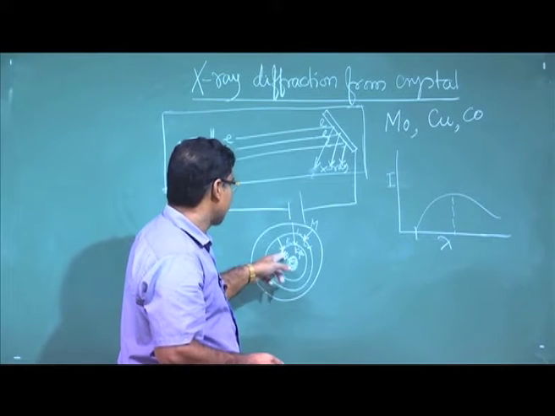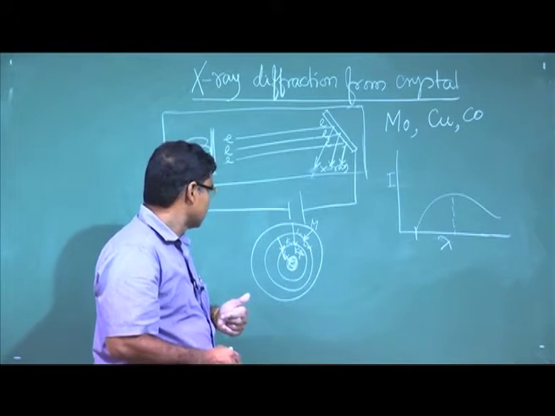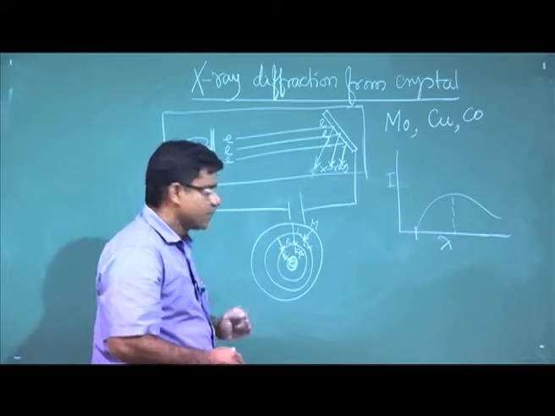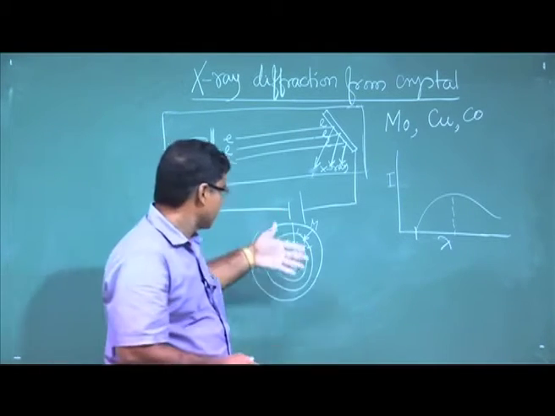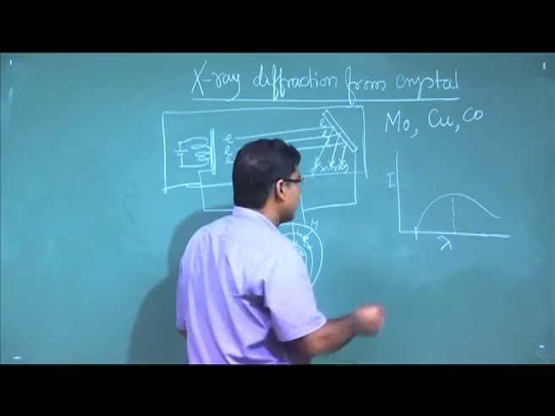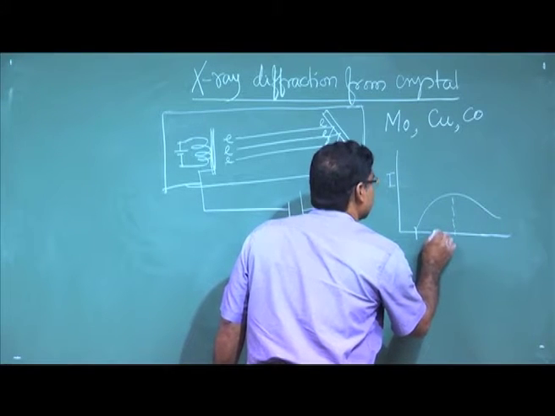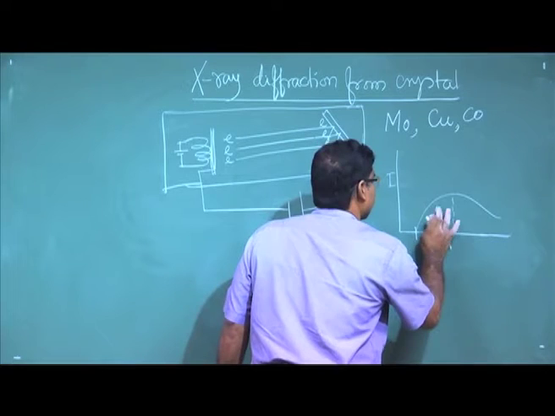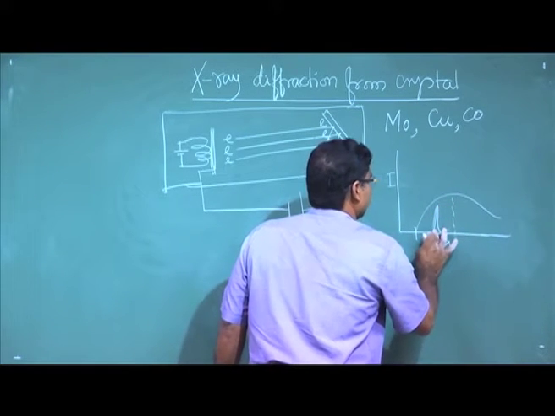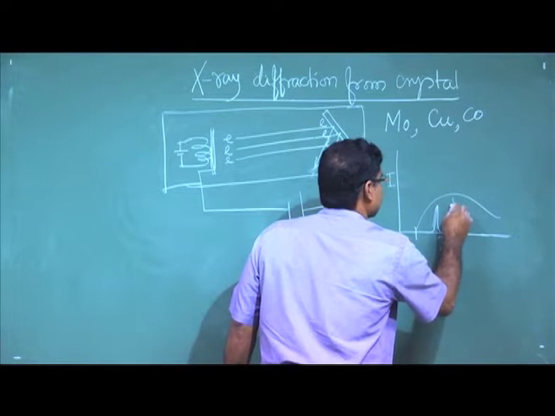It will come from different energy levels, so its wavelength is fixed. So here you are getting this type of peak. Generally, this type of peaks you will get, then this type of peaks.